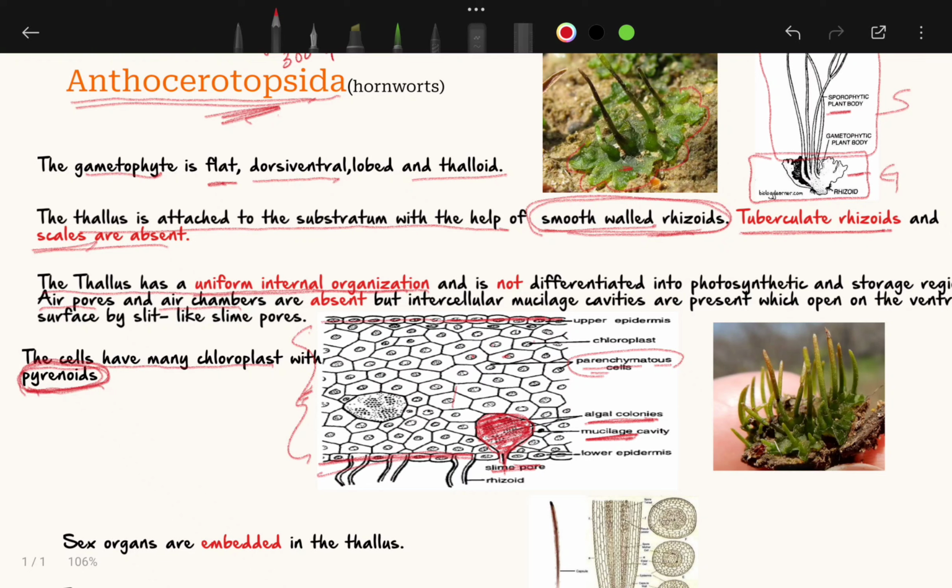Cyanobacteria, for example Nostoc, can form colonies. The Nostoc will fix atmospheric nitrogen, so they will provide nitrogen to the plant, and the plant in return will provide shelter and moisture to the algal colonies. So it's more or less like a symbiotic relationship.